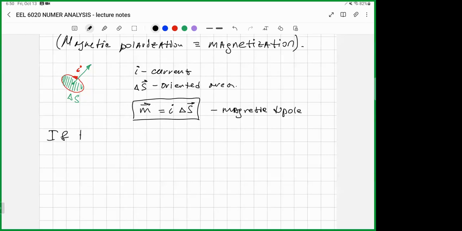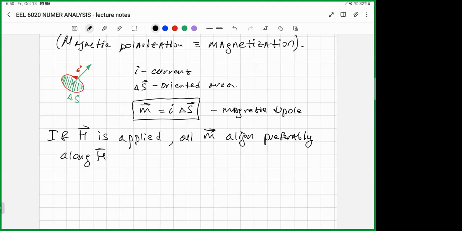So if a magnetic field is applied, all elementary magnetic dipoles align preferably, or mainly, along the magnetic field vector, and hence this magnetization.